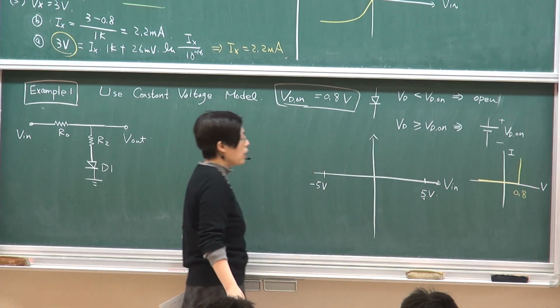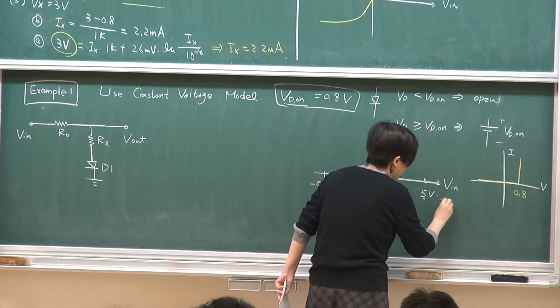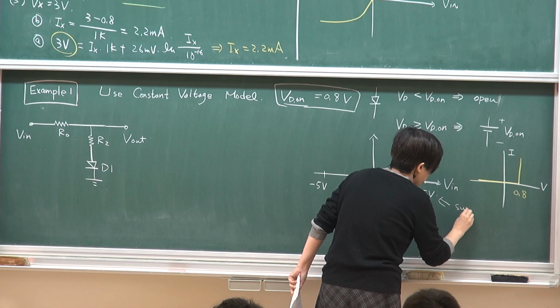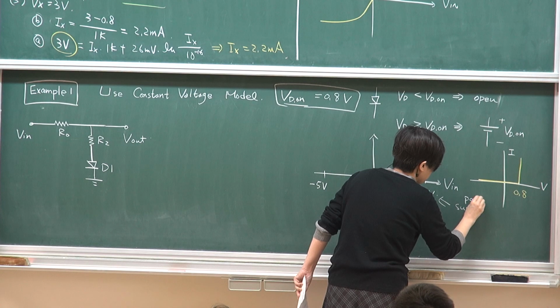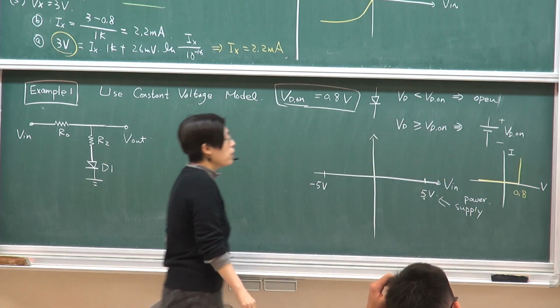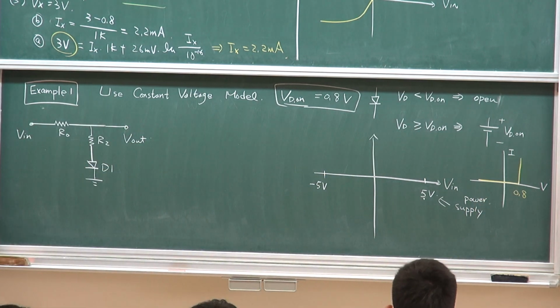This is typically set by the power supply range, or the limit of your circuits. In this case, we can use -5 to 5 for all the cases we study.